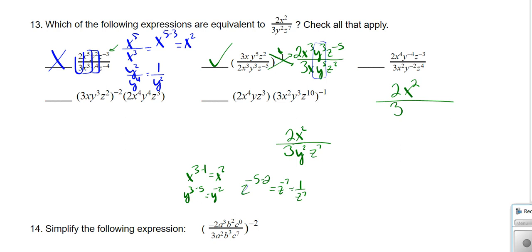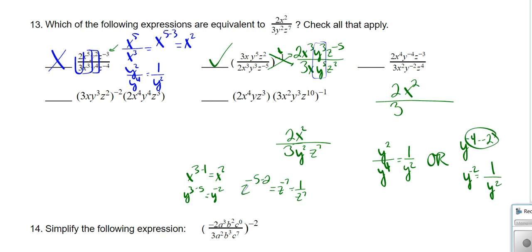The negative exponents here, we can flip those and it would be y squared over y to the 4th, which is equal to 1 over y squared, or we could look at it as y to the negative 4th minus negative 2, which is the same as negative 4 plus 2, which is y to the negative 2, or 1 over y squared. People tend to mess this up, so perhaps turning them into positive exponents first and then simplifying might be the best way to go, but you can do it either way.